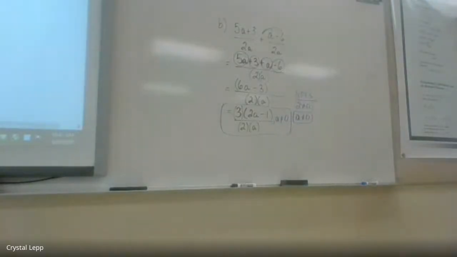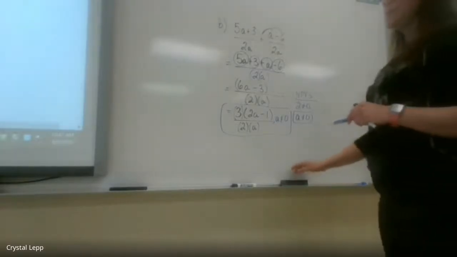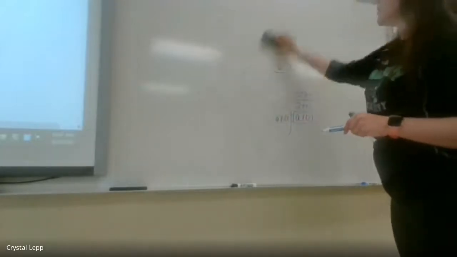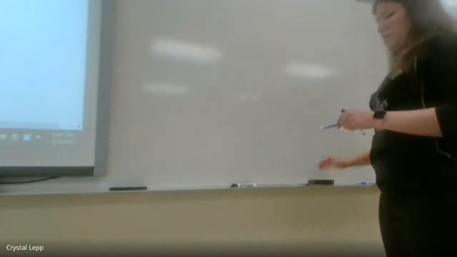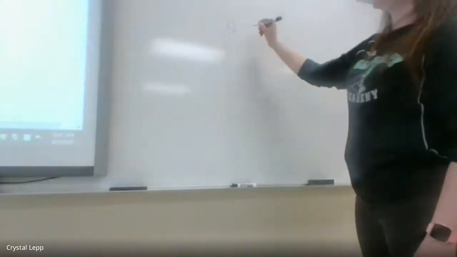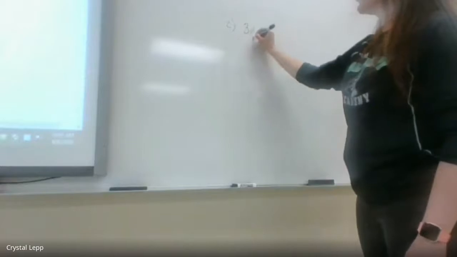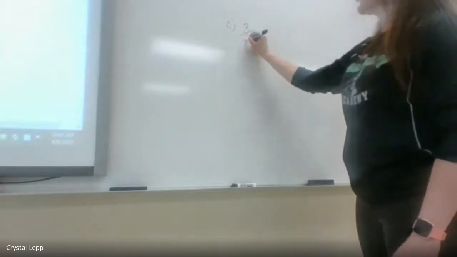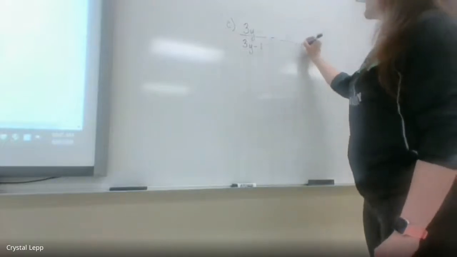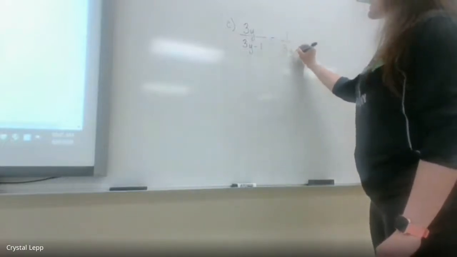Then for C and D, we have subtractions, but common denominator still, so that's good. So for C, we have 3y over 3y minus 1 minus 1 over 3y minus 1.